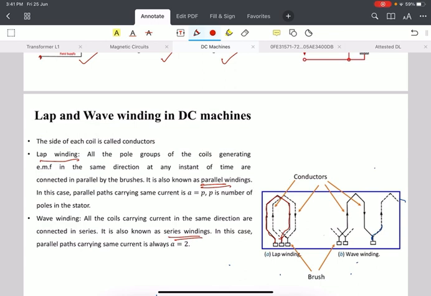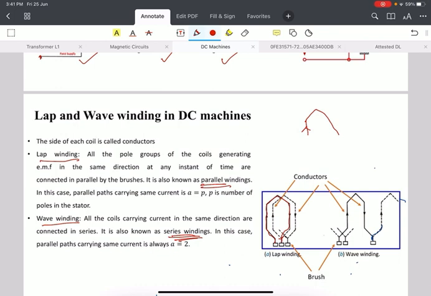We say the armature is wound in lap. On the other hand, if all the current carrying coils are connected in series, then that winding is known as wave winding. It's a series connection.